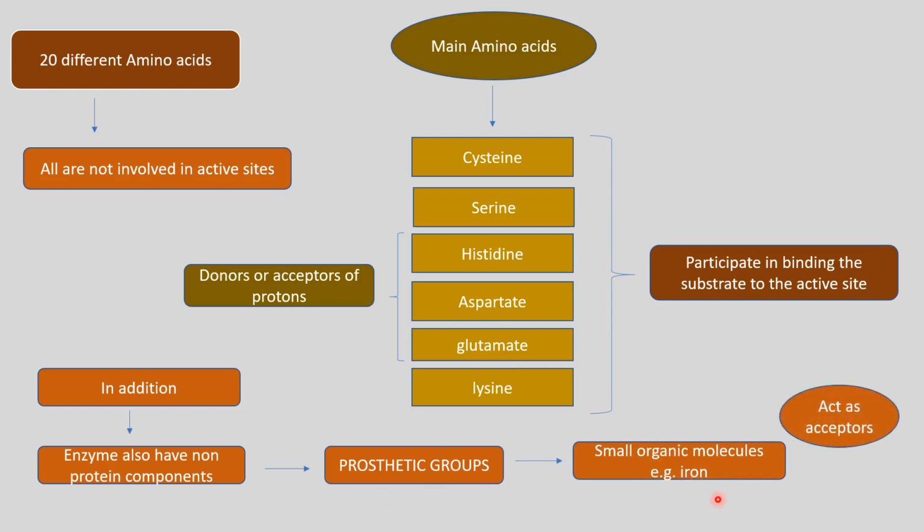Usually these prosthetic groups act as acceptors of protons, right? What actually happens is that the side chain amino acids are not good donors or acceptors of protons. So prosthetic groups act as acceptors, and in this way they help the reaction to proceed, right?